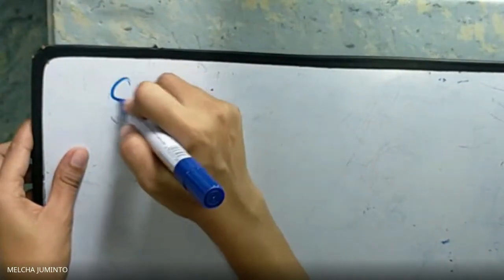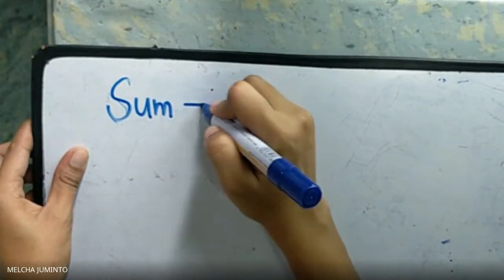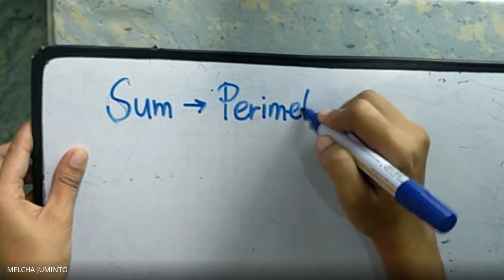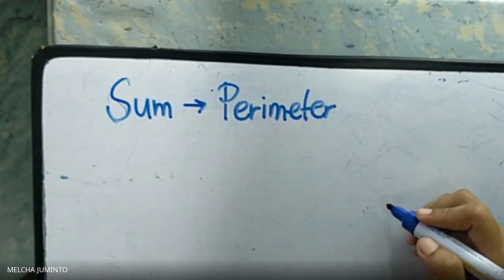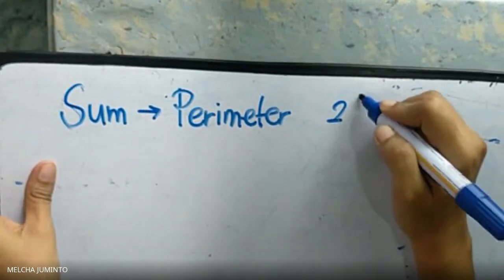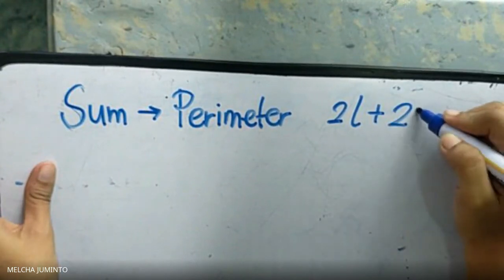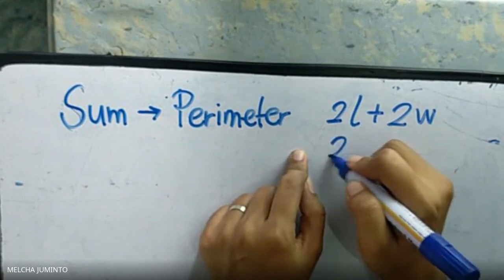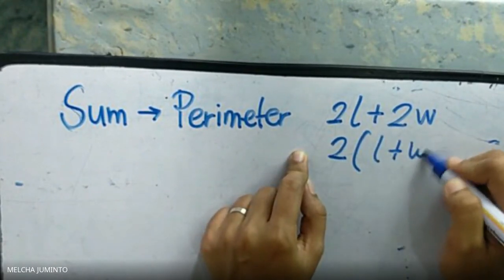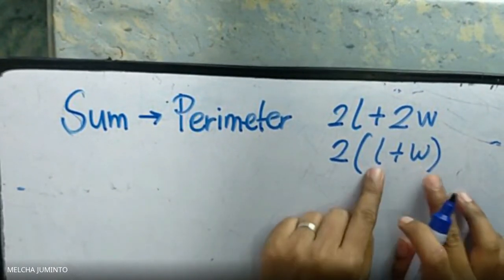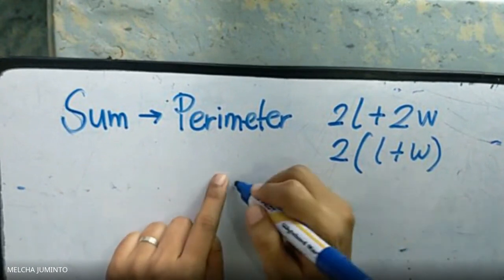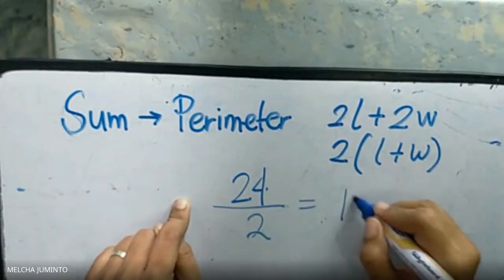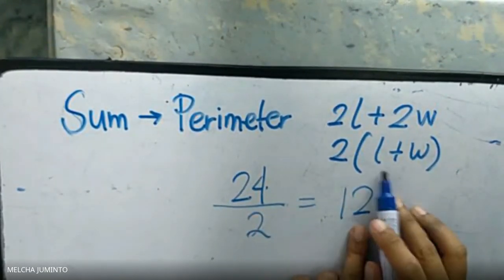Sum is for perimeter with the formula of 2L plus 2W. So to find the sum of length and width, factor out 2, length plus width, the sum of length and width. If the perimeter is given to be 24, divide 24 by 2, the answer is 12. 12 is the sum of length and width.